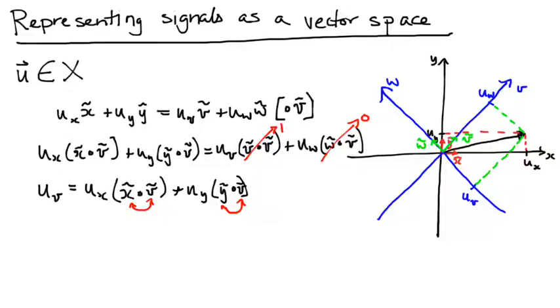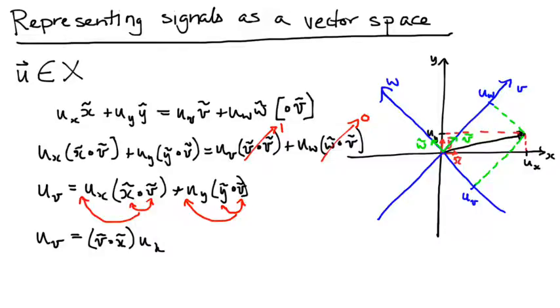And by the commutative law, we can switch these to be before the magnitude of the vector. So we can say that u sub v will be equal to v dot x times u sub x.